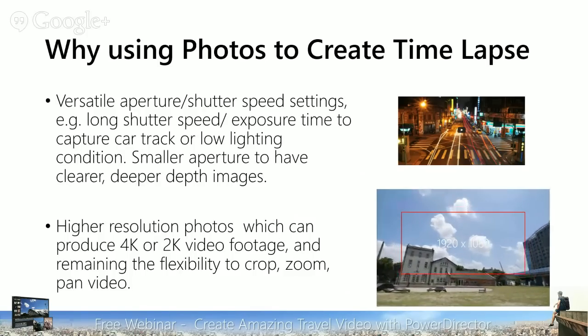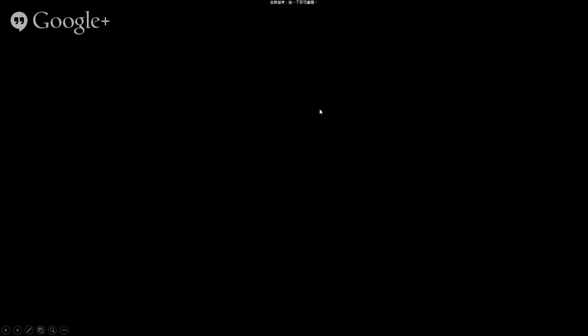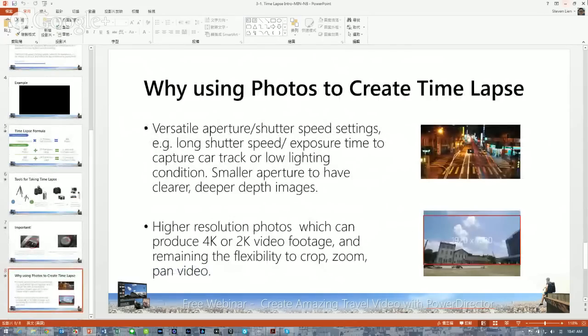And in some conditions, for example, if I'm editing and cutting to a full HD resolution video, I can do some trimming and cropping on those higher resolution clips without making the final rendered result look bad. All right, so that's the introduction of time-lapse video.